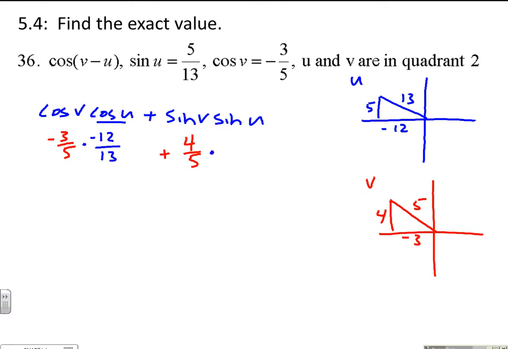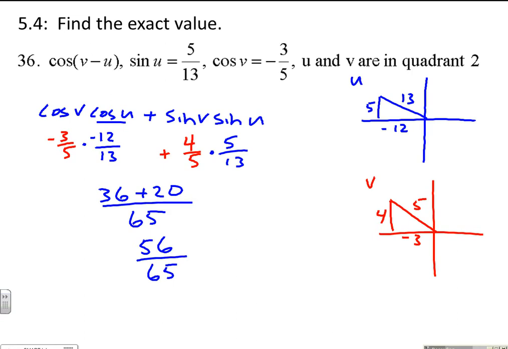And sine of u from the blue triangle, 5/13. And we end up with positive 36 plus 20 on 65, or 56/65. In a lot of ways easier than what we were just doing.